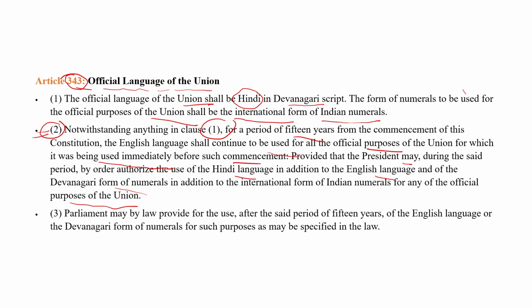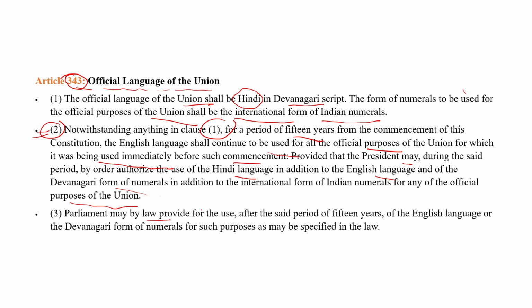It says that Hindi in Devanagari script is the official language for India, but it also says that when South Indians opposed Hindi becoming the official language, for 15 years English will continue as the official language of India, and the President has power by order to declare Hindi and English as official language, and the numerals will be used which are coming from the Devanagari form in addition to the international form of Indian numerals as well.